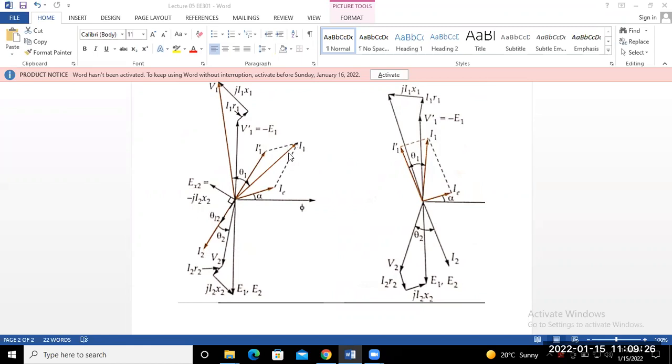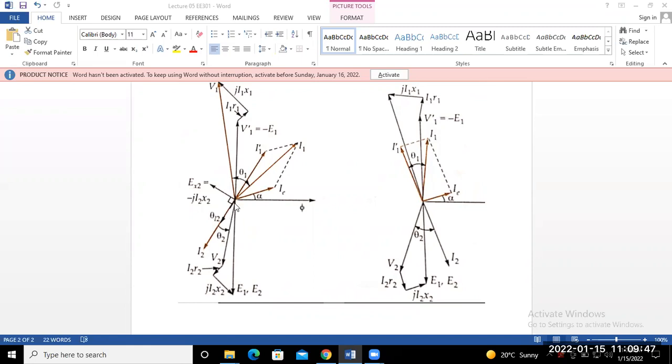Okay. And next, consider the voltage drop due to the primary and secondary coil, that means due to their resistance and reactance. So you already drew I2 here and V2.